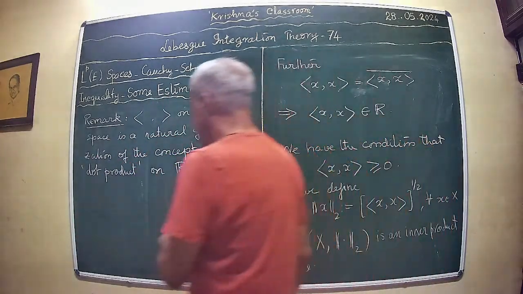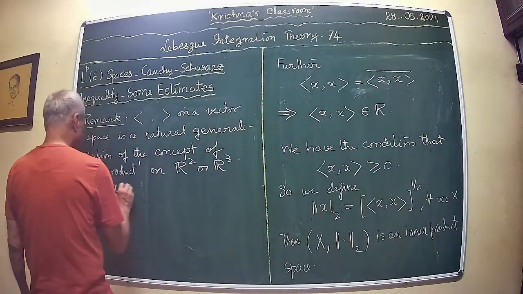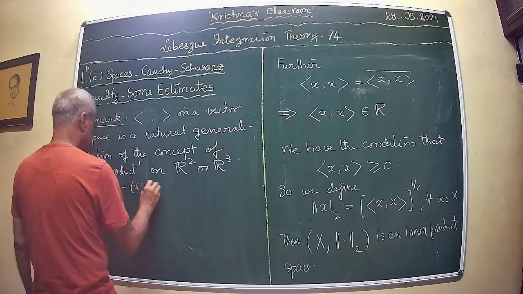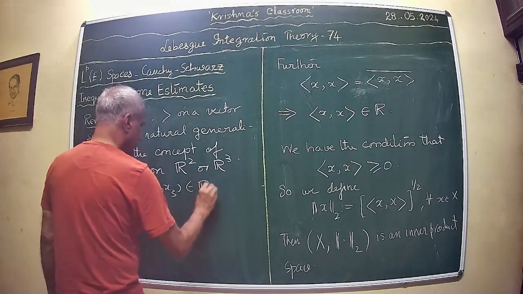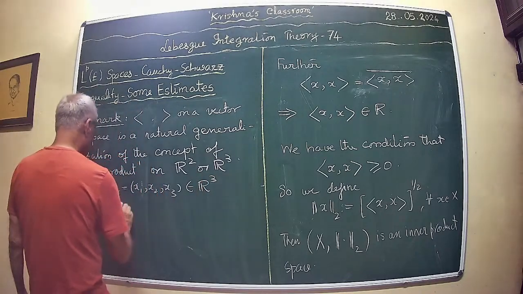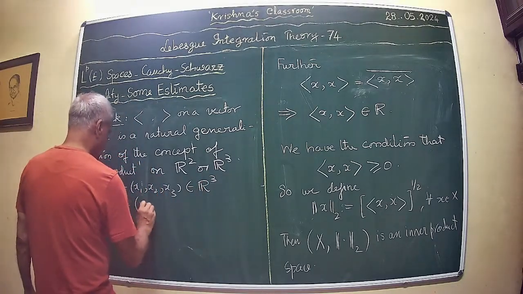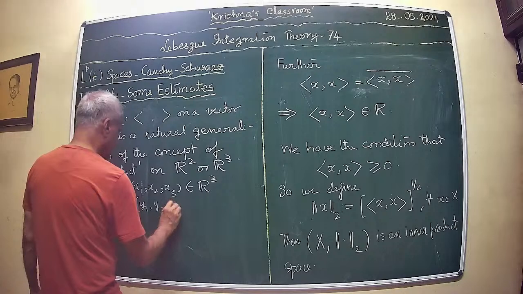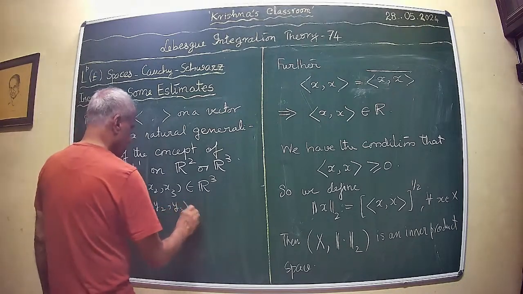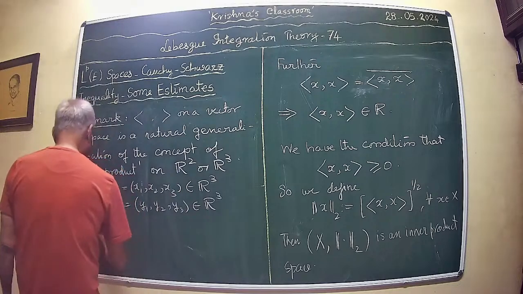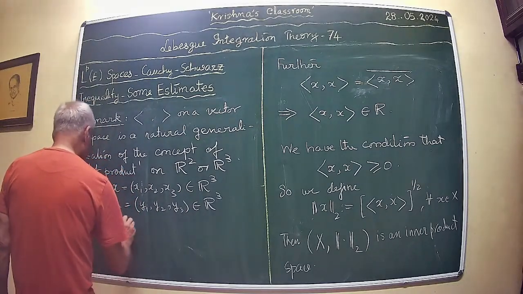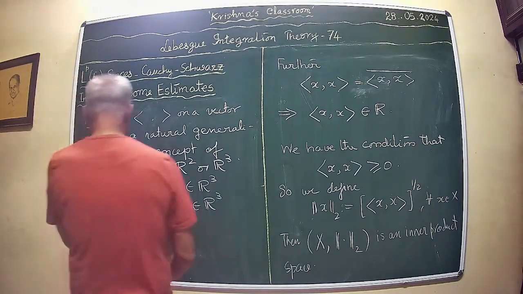Now we know that if x is equal to... then x dot y is defined, this is the dot product.